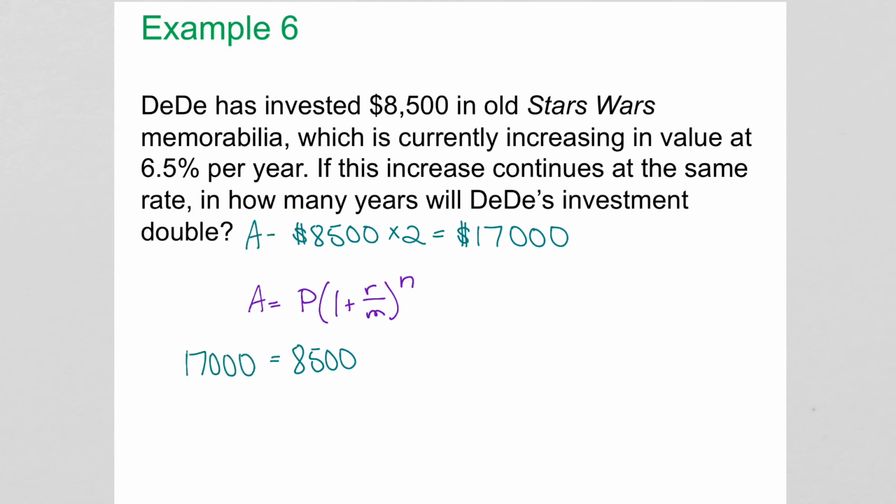That's A. The rate, 6.5%, so 0.065. And it's per year, so it's just once per year. So m is 1. And we need to solve this for n.